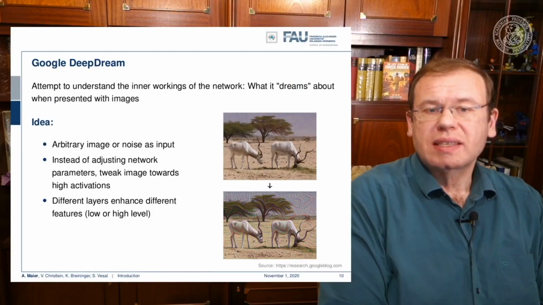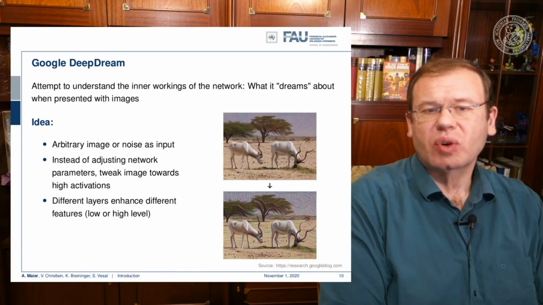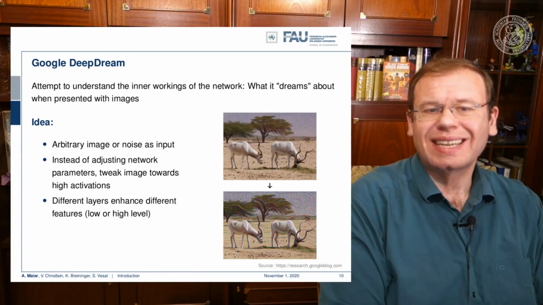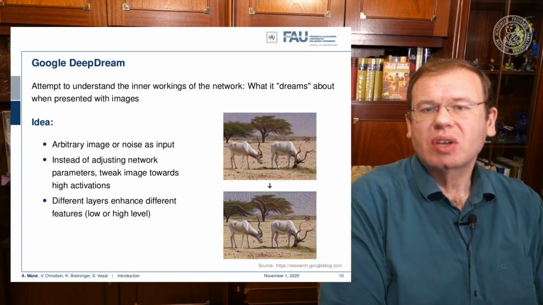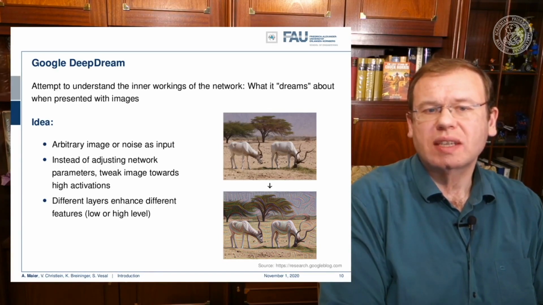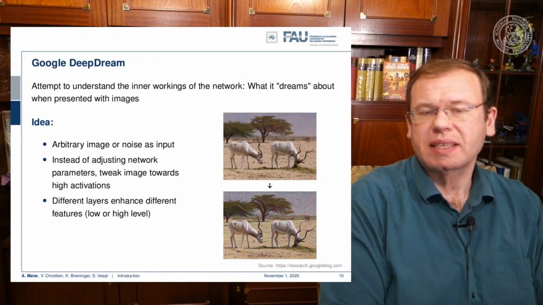In Google's Deep Dream, there was an attempt to understand the inner workings of the network, and they were interested in what the network dreams about when they present images. So the idea was to show some arbitrary input images or noise as input, and then instead of adjusting the network parameters, they tweaked the output towards high activations of the network.